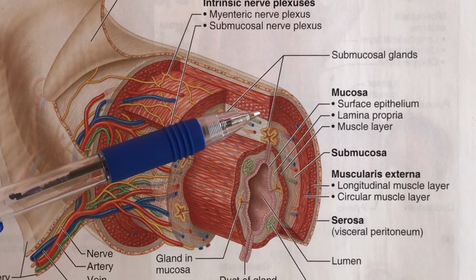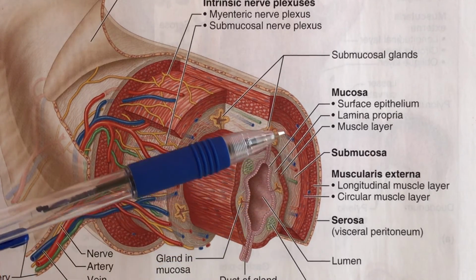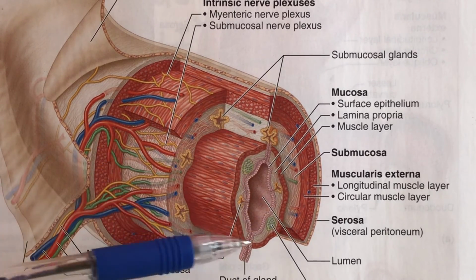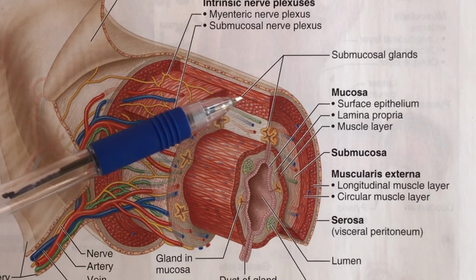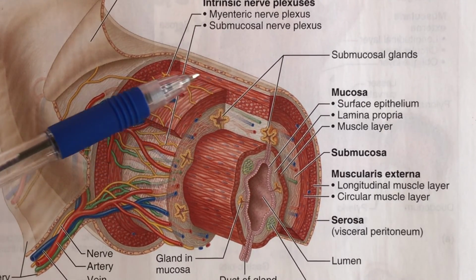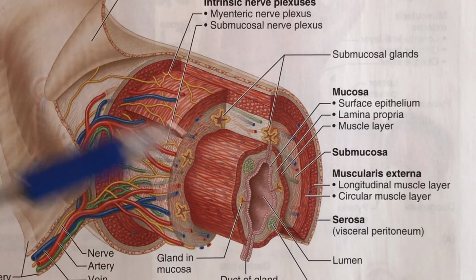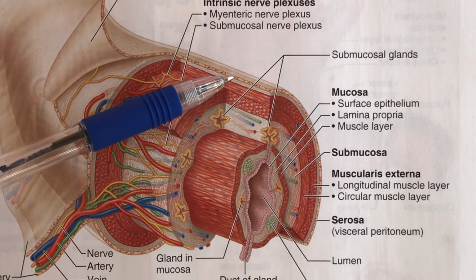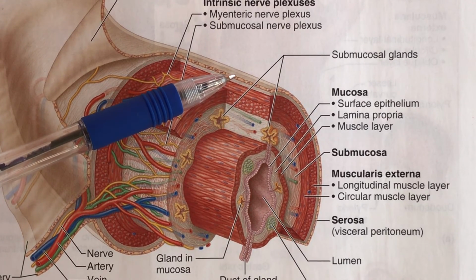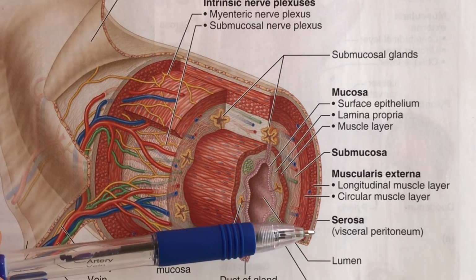And we have the circular layer, if you see the cells, how they're lined up, going around this direction. And then we have this layer here, the longitudinal layer, where the cells are going the long way, the same direction as the tube, as the GI tract. And then finally, we have the serosa, which is the very, very outermost layer here.